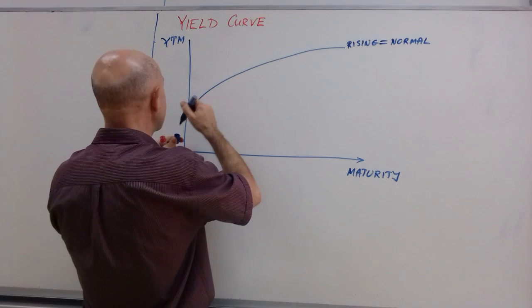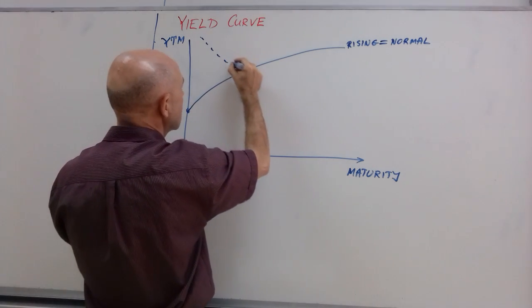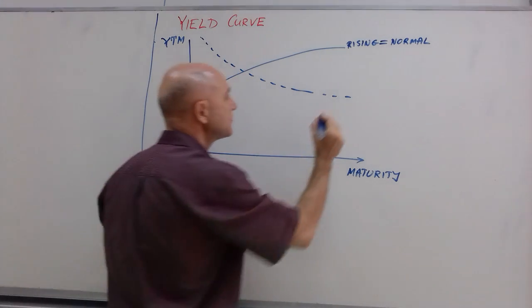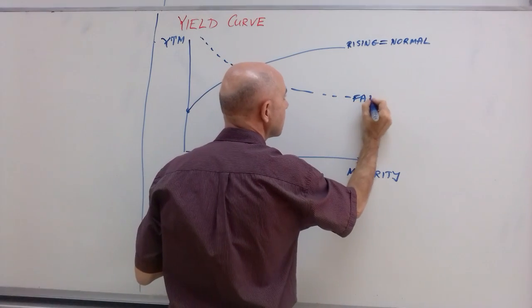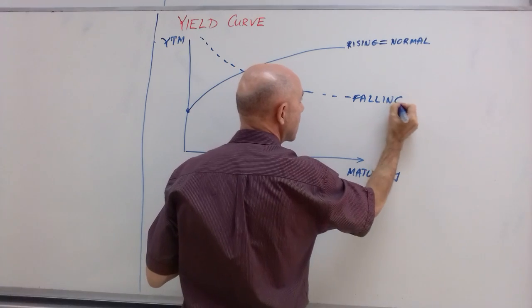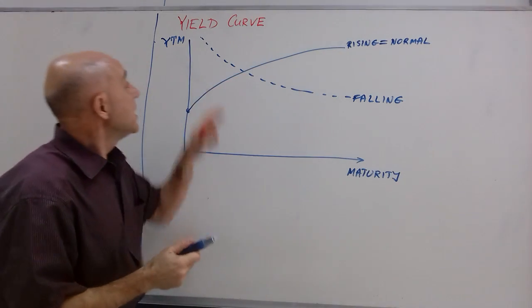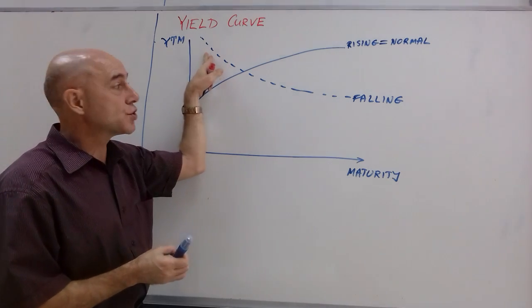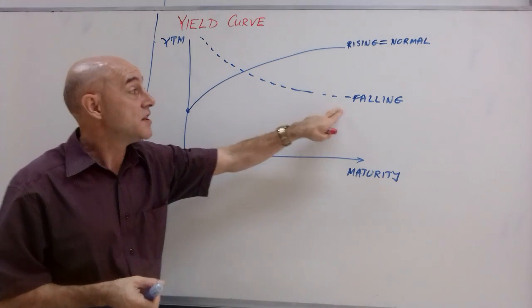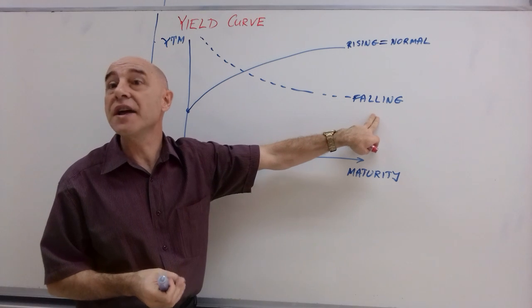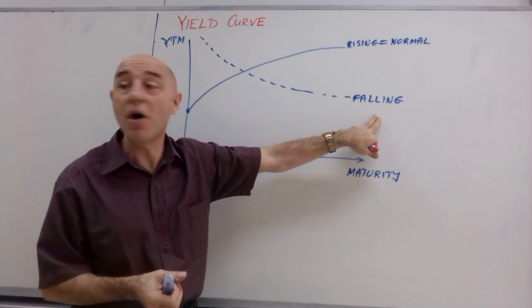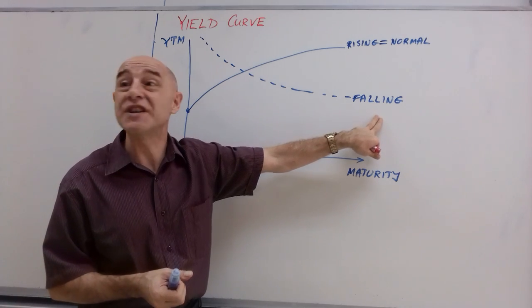But yield to maturity could be falling. You pay more to borrow short term than long term. This is very rare and happens only when the economy is weak and when the bond market expects recession.